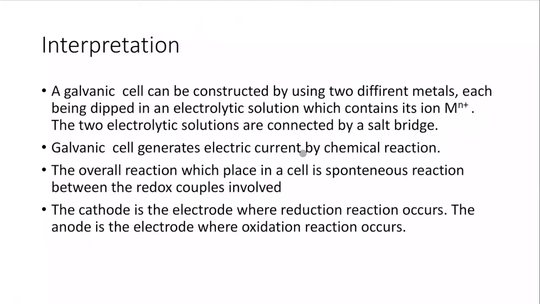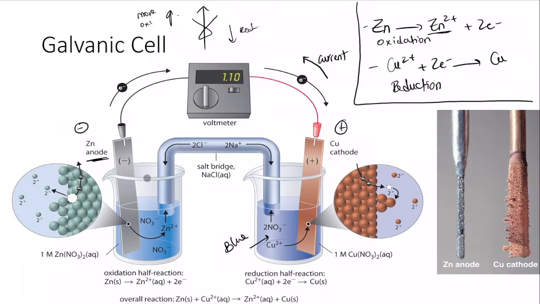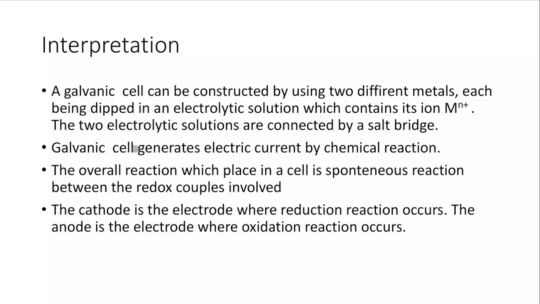Okay, so a galvanic cell can be constructed by using two different metals, each being dipped in an electrolytic solution which contains its ions Mn+. In the case of Daniell's cell, we have the Zn dipped in Zn2+, Cu dipped in Cu2+. The galvanic cell generates electric current by the chemical reaction. It's a purely chemical reaction.